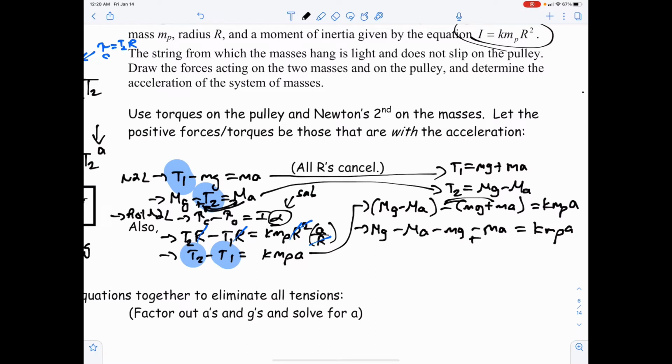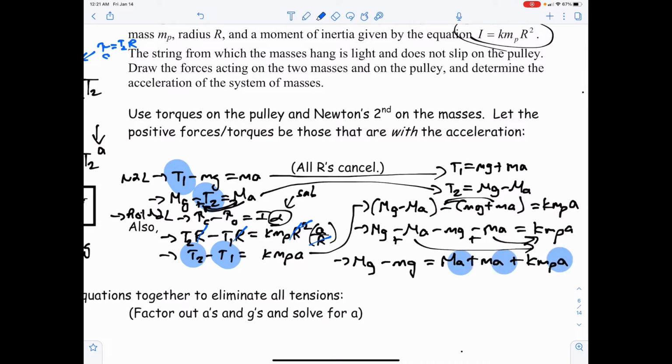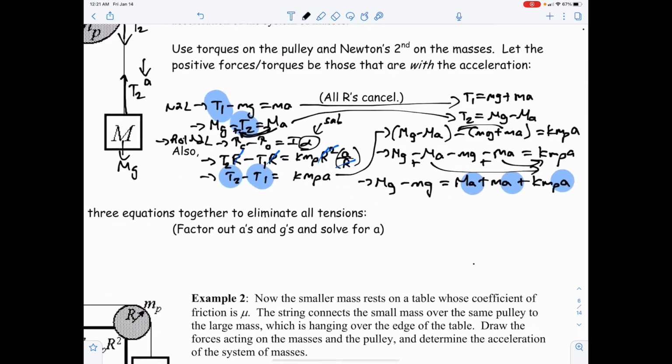I'm going to add Ma to this side, and I'm going to add little ma onto that side. And so we have big Mg minus little mg equals big Ma plus little ma plus K M_p A. I am now going to factor out my a's and divide away those masses.